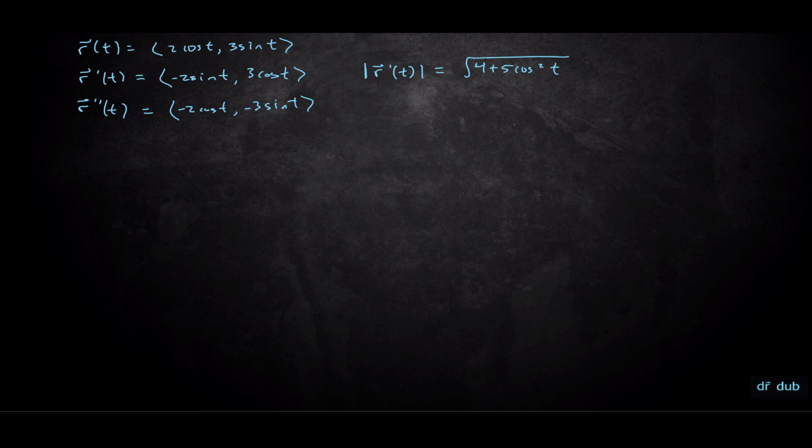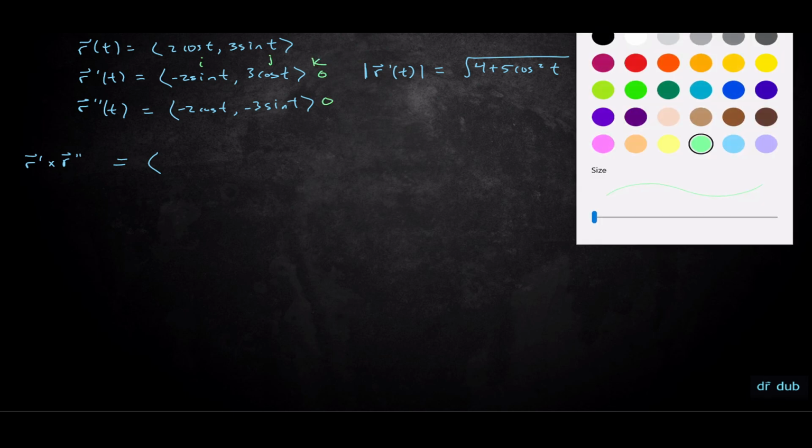And then let's take the cross product. We need the numerator, which is r prime cross r double prime. I've already set it up in a nice i, j, k format, and basically k is 0 for this 2D vector.